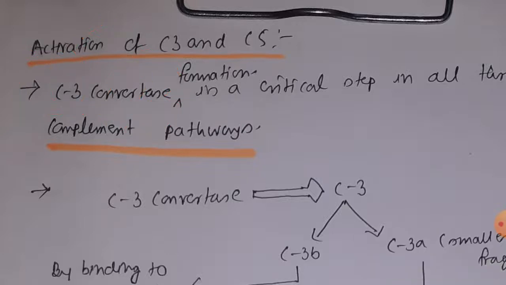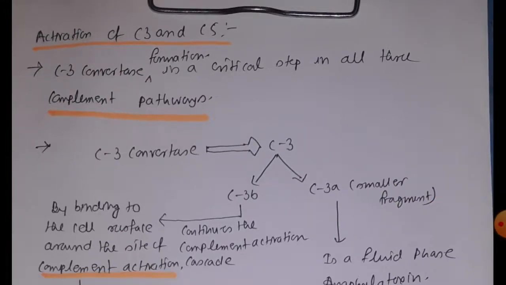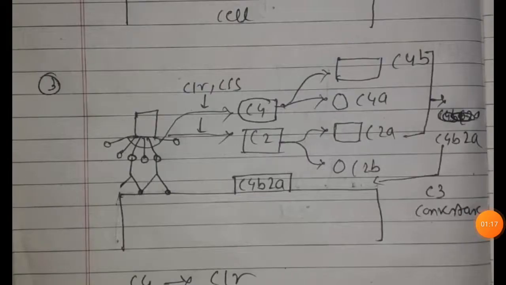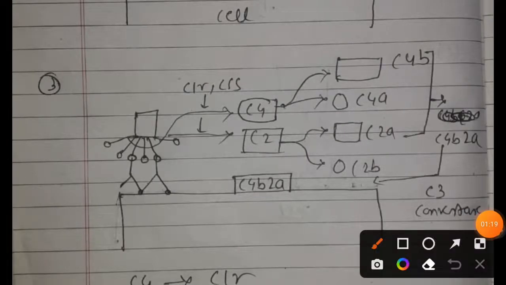So let's see what steps we have to follow for the activation of C3 and C5. First of all, we have formed the C3 convertase in each case. Although here I have taken the diagram that I used to explain the classical pathway, in every case we have formed the C3 convertase.